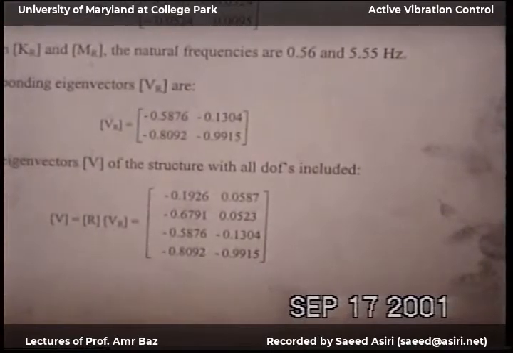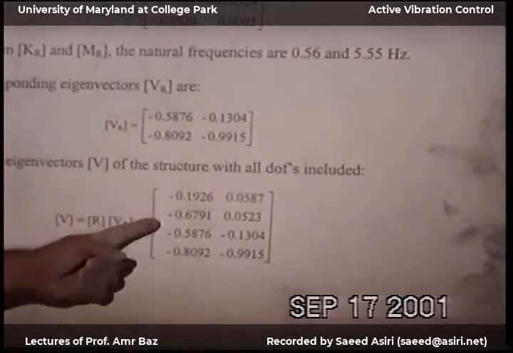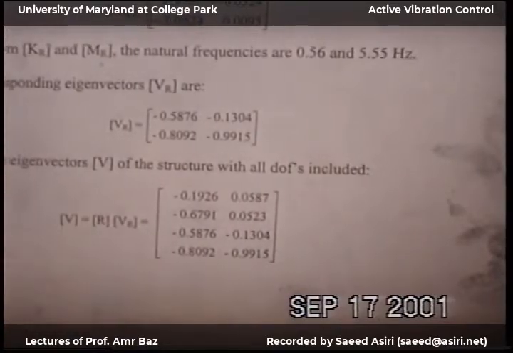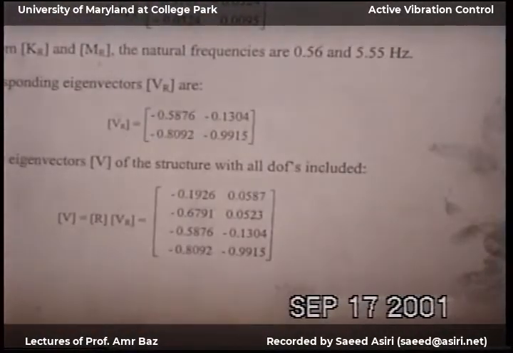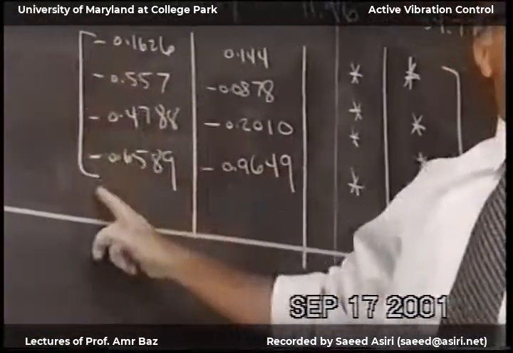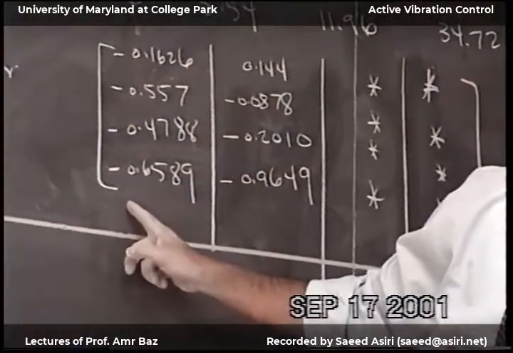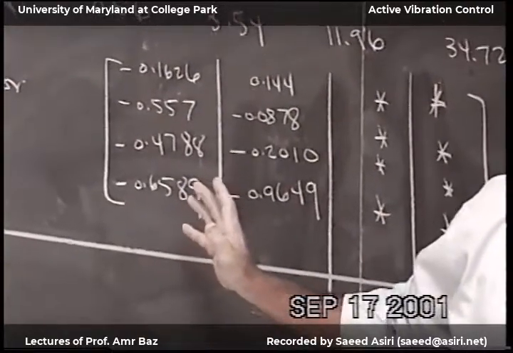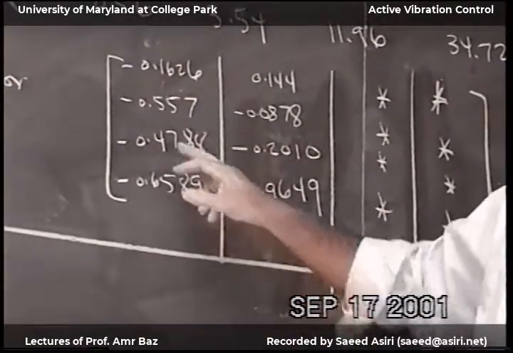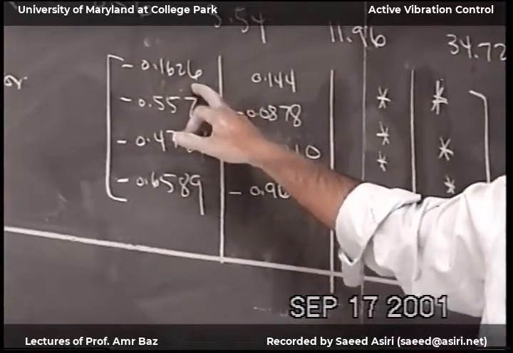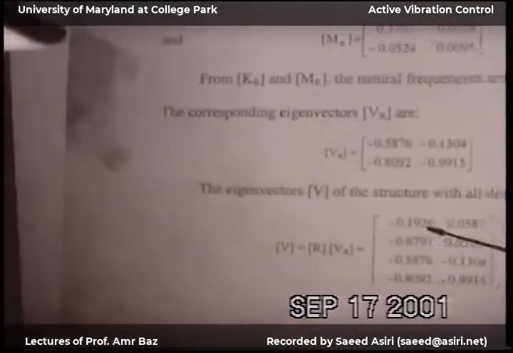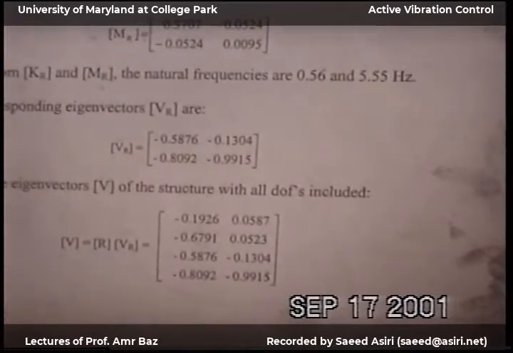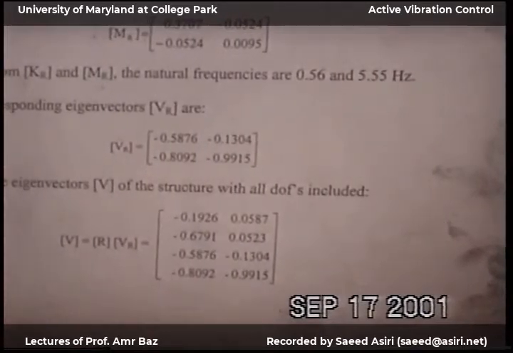See what we have. The first set of numbers, all of them are the same sign, for the full order. Okay? They look different, but they are not. They look different, but they are very close. This number is 0.1626. This is 0.1926. The eigenvectors are not absolute, but they are relative.